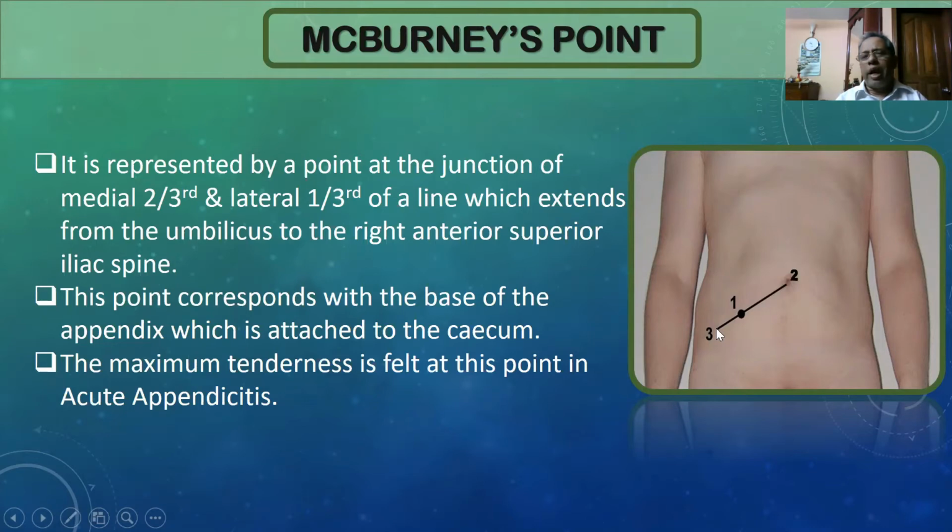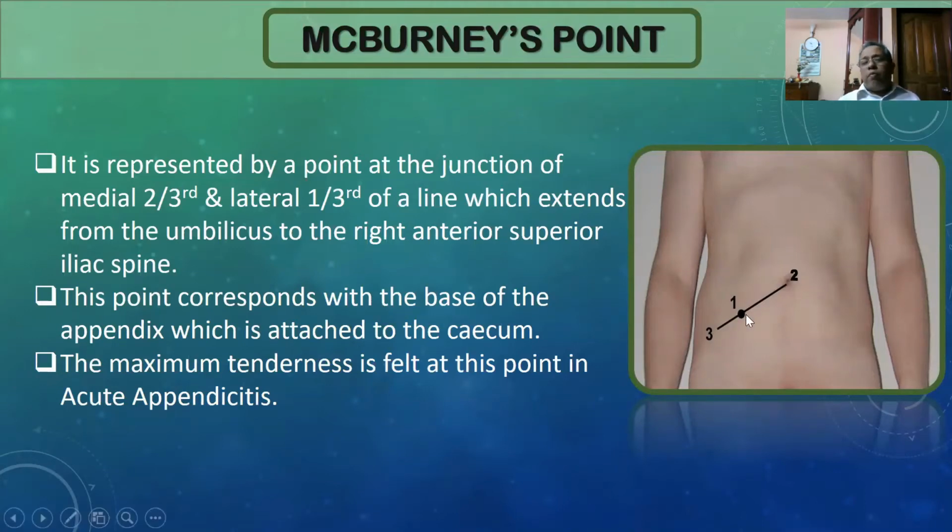If you draw a line from the anterior superior iliac spine to the umbilicus and divide the line into three parts, the point which lies between the medial 2/3 and lateral 1/3 is called McBurney's point. If you apply pressure there and the patient feels pain, that area usually lies over the base of the appendix, and it is called McBurney's point tenderness.